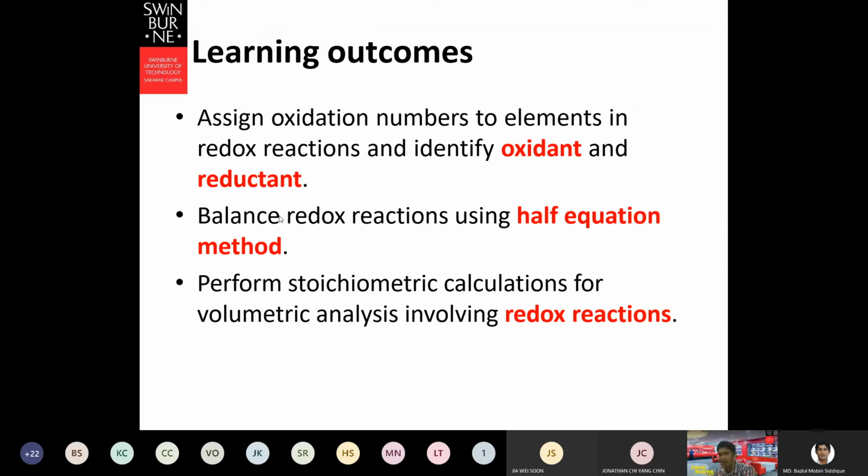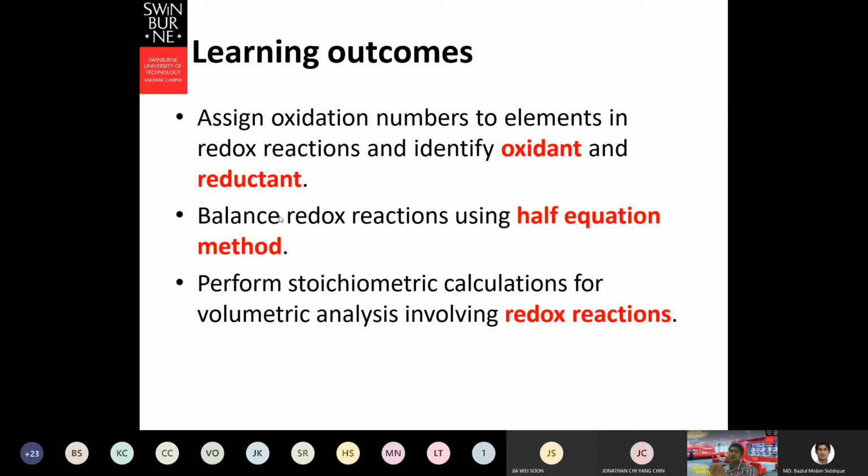We will balance one half reaction first and then the other half, and at the end we will equate both sides to make the full reaction. And stoichiometric calculations, we will do based on these volumetric redox reactions.